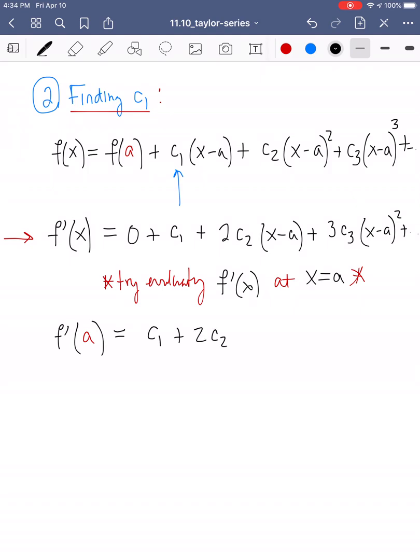For example, we have c1 plus 2 times c2 times (a minus a) when we evaluate at x equals a, plus 3 c3 times (a minus a) squared, and so on. All of those terms are just going to 0 because we're getting a minus a's.